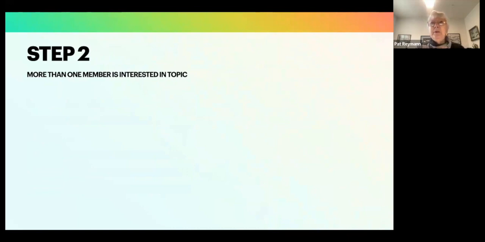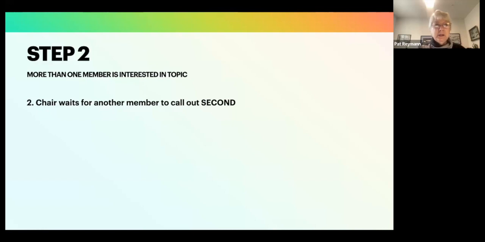And if people are not interested in pursuing that topic, then don't bother seconding the motion, because that is step 2. The chair waits for another member to call out second. And if you're wondering about what comes first, second, or third, just remember that the second comes second. Pretty easy.